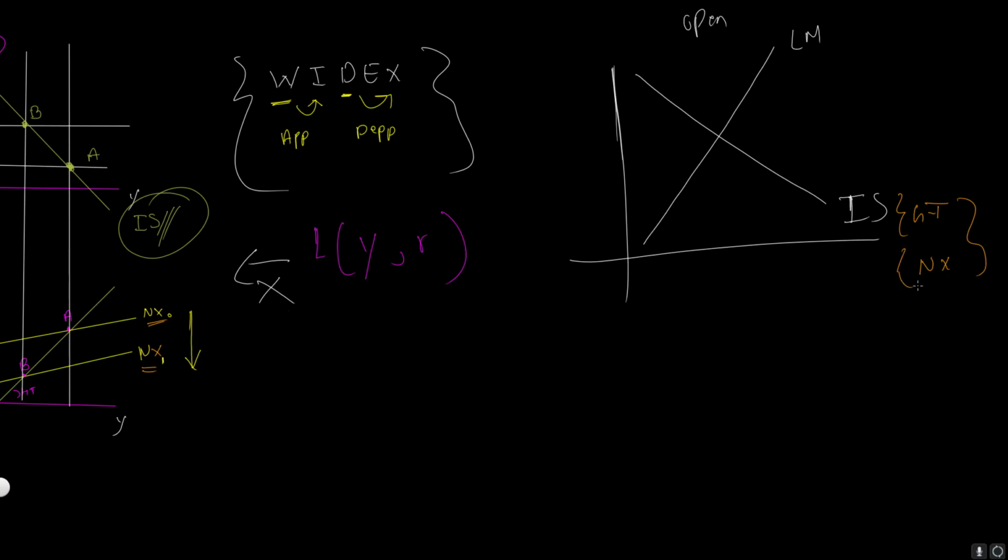We factor in net exports, and they become the factor influencing the IS curve, whereas the LM curve is identical to the closed economy model, which is the function of income with interest rate.